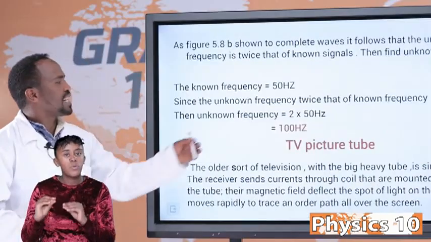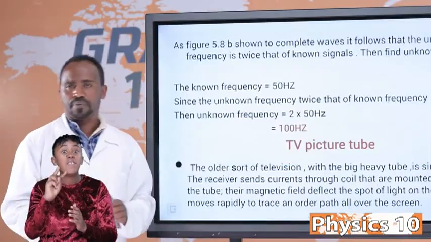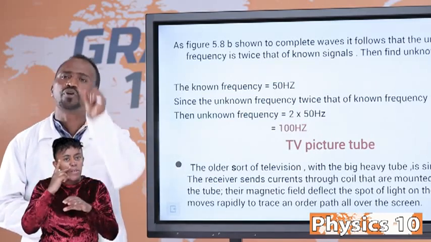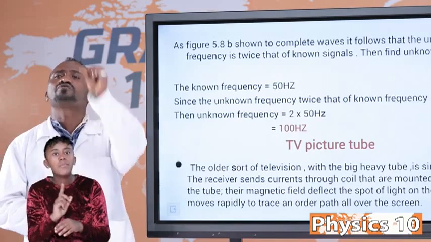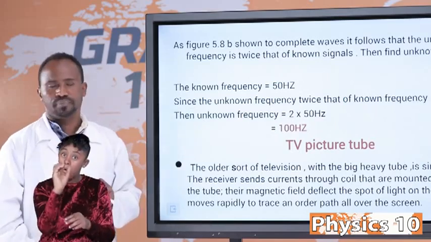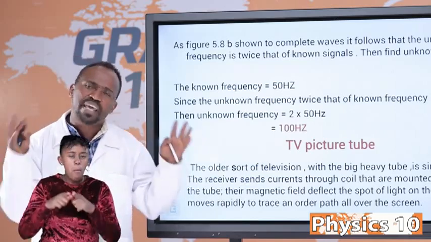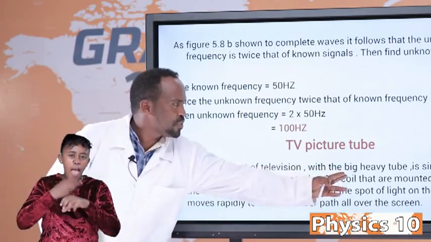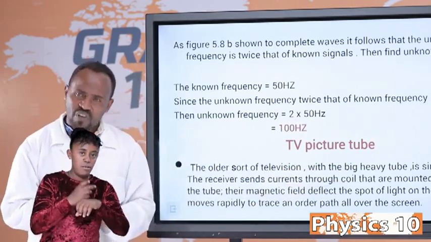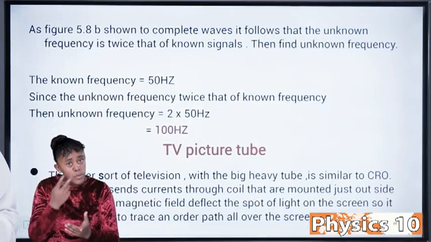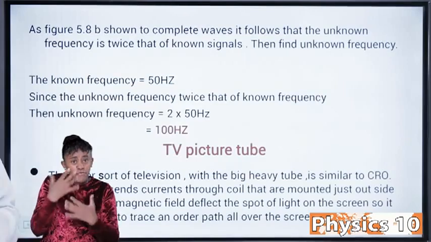Okay, students, let us see TV picture tubes. The TV you see in your home works on the function of this cathode ray oscilloscope. The older sort of television, which is a big, heavy tube, is similar to a cathode ray oscilloscope. Students, do you see the old television?